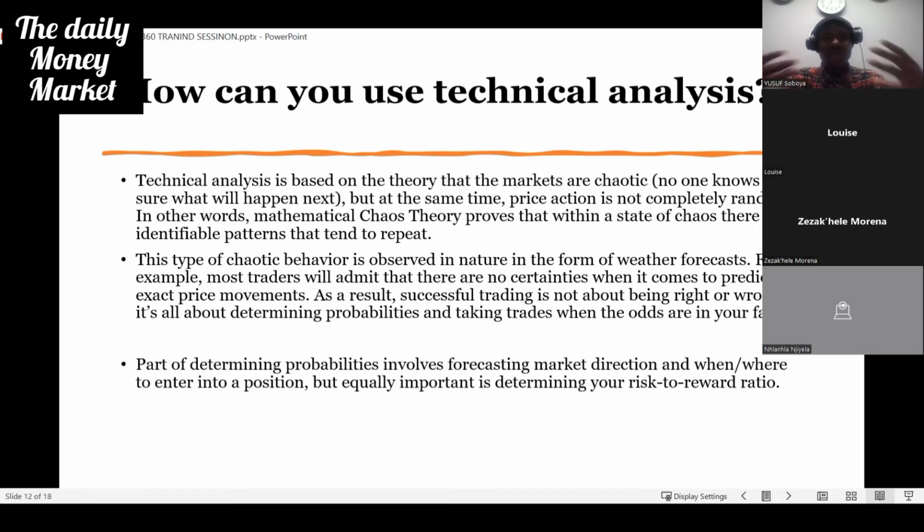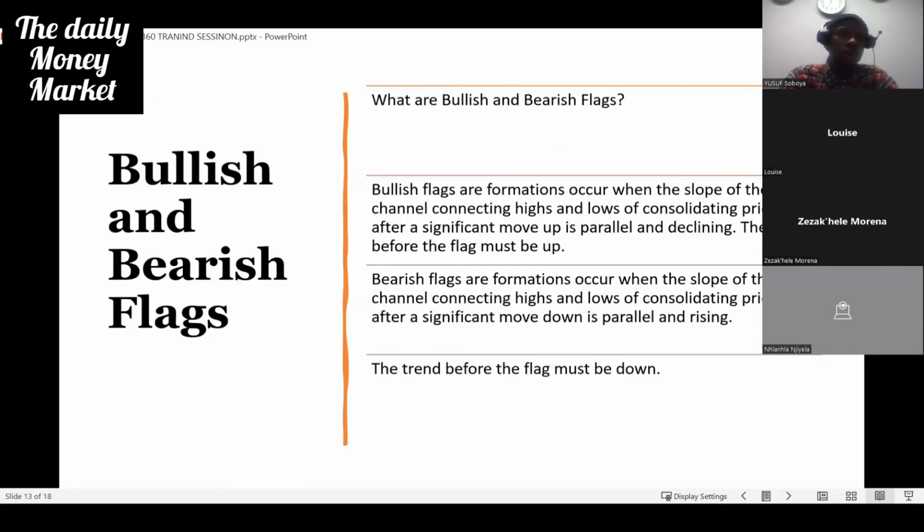The part of determining probabilities involves forecasting the market direction and when to enter into the position. But equally important is determining your risk to reward ratio. I'm sure you've heard about risk to reward ratios. It's understanding how much you are exposing in your account and how much you can actually get from your account.